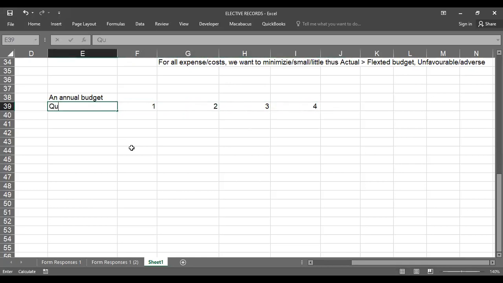These were your sales. They may have 2,000, you have 1,500, here you have 3,000, here you have 3,500, assuming these are in millions. That's your information, and this is your budget.